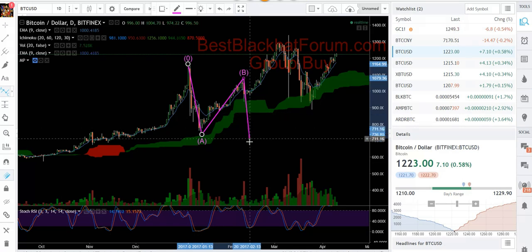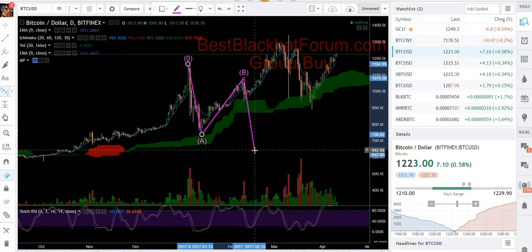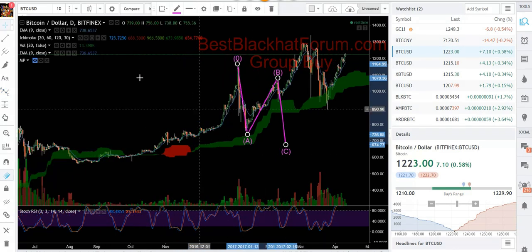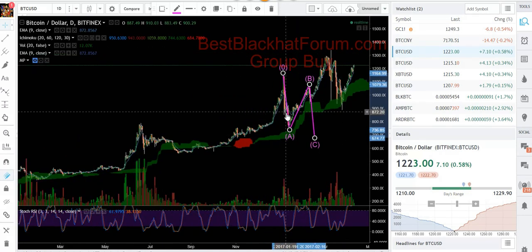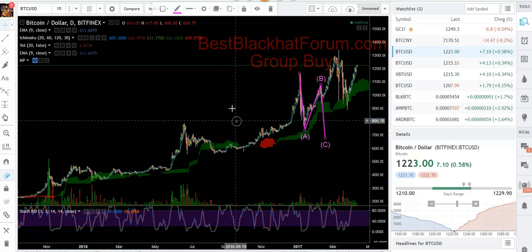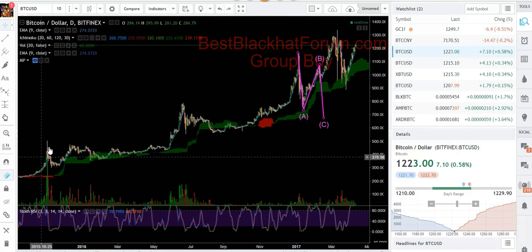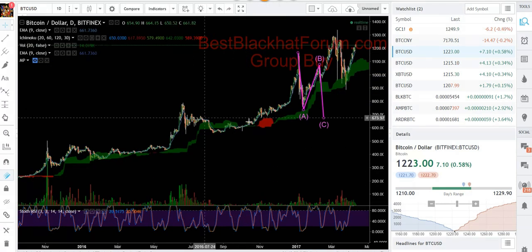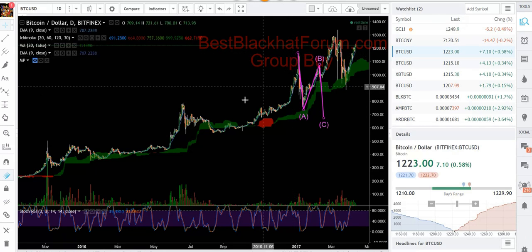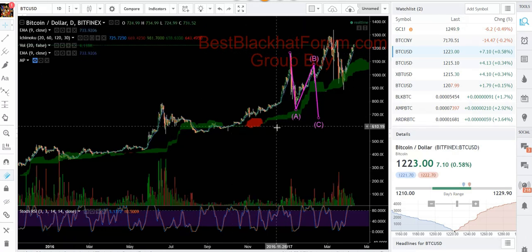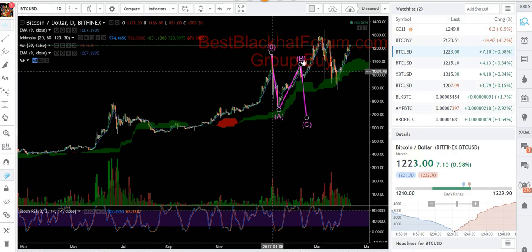I was really thinking that we were going to get a deeper correction in here down to about 680 or so, based on the fact that our entire year we had made a huge run up. At that point, it looked like we had done a 1, 2, 3, 4, and a 5 of our L8 wave. And it seemed like if we were going to get an ABC retracement, this was the time it was going to happen.